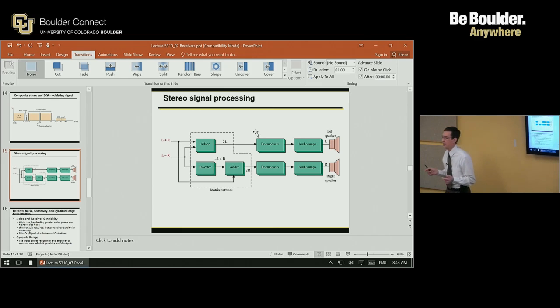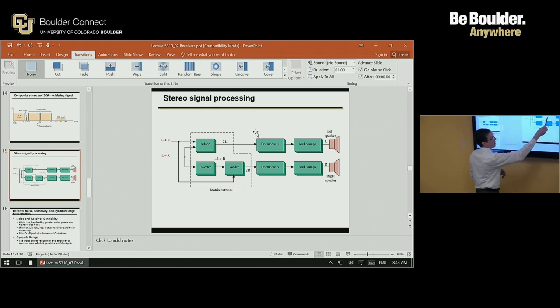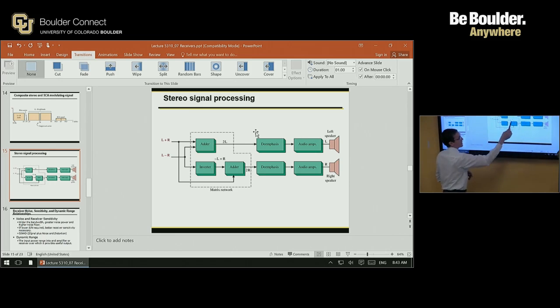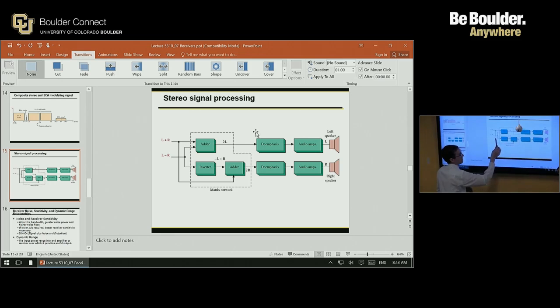You have a question? There's a point where one of them has to have some kind of delay to compensate for something that the other one goes through, right? Yes. When you do all these functions, they don't all happen instantaneously, so there is a delay. There's another figure in your book that does show a delay box, so like in this one, they would probably put the delay box right there, so that the distances are the same.